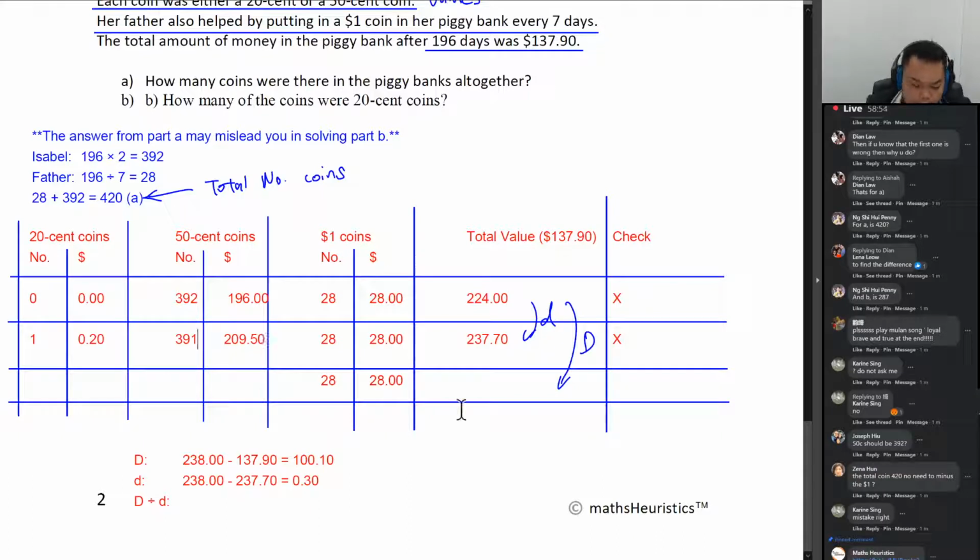The total number of 10-cent and 50-cent coins would be 391, 391 plus 1. So this would give you 5.50.